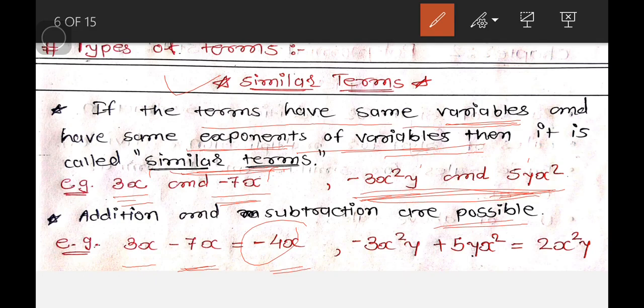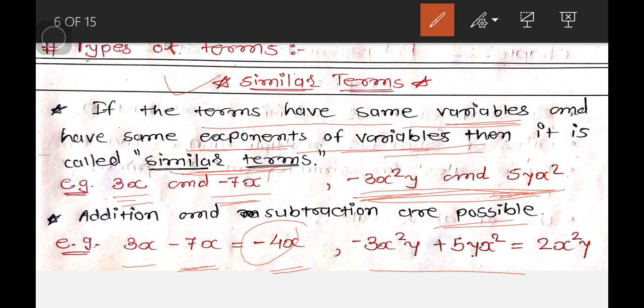So addition and subtraction are possible for similar terms. Here is one more example: minus 3x square y plus 5yx square. Here also you can see that both terms have the same variables with the same exponents, so we can do addition or subtraction.